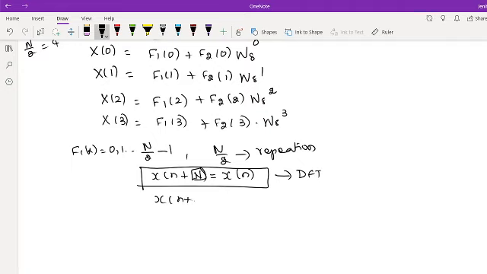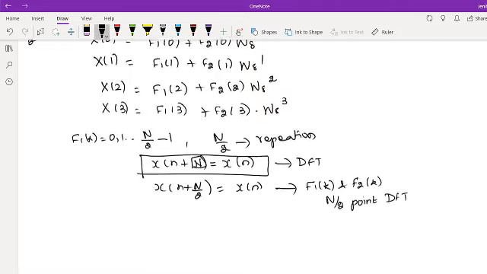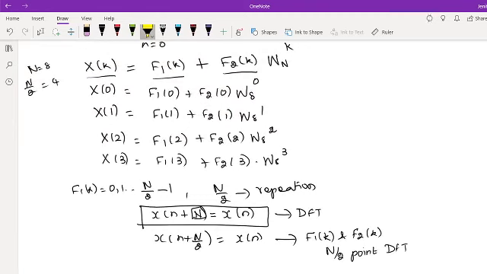So x of n plus N by 2 is equal to x of n for f1 of k and f2 of k, because the fundamental time period is N by 2, because both are N by 2 point DFT. So now in that x of k equation, that is this equation, I am going to replace that entire k by k plus N by 2.